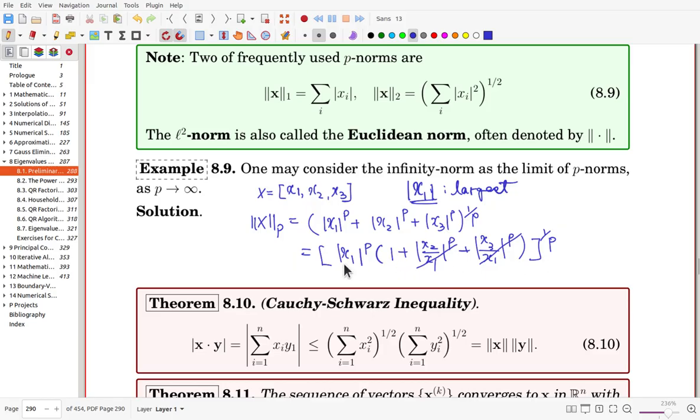Then what remains is exactly the p power to the 1 over p, so it is like the absolute value of x1. In the beginning, we assumed that is the largest one, so that is exactly the maximum norm of the vector x, right? So the infinite norm can be considered as the limit of p norms.